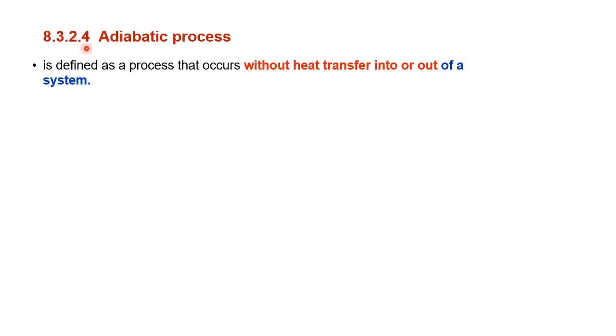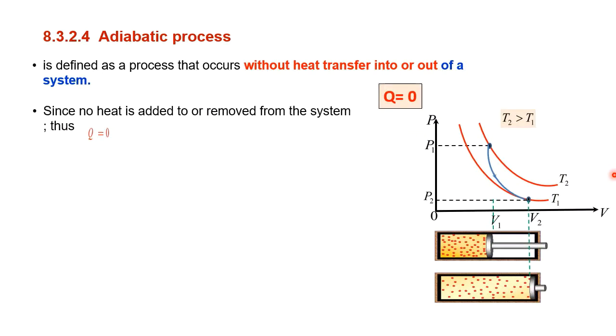The next process is adiabatic process. It is defined as a process that occurs without heat transfer into or out of the system. It tells us that the amount of Q is 0.